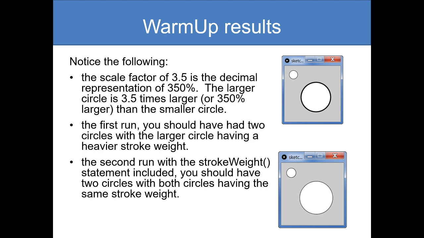So this larger circle that had the really dark stroke weight around it was actually this little circle expanded 350%. On the first run, we had these two circles, one having a heavier stroke weight, and later on, we have them with the same stroke weight. So this is the same circle, but it's just made bigger.